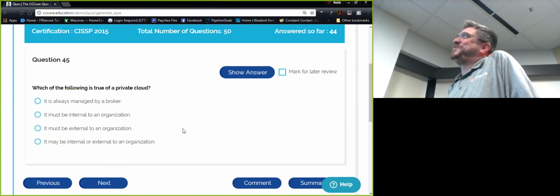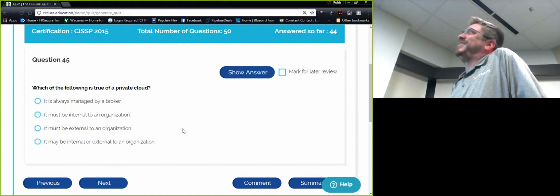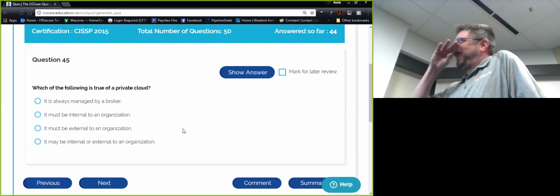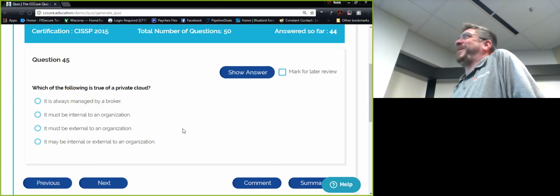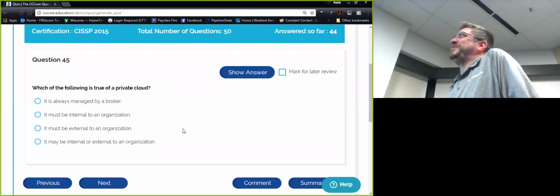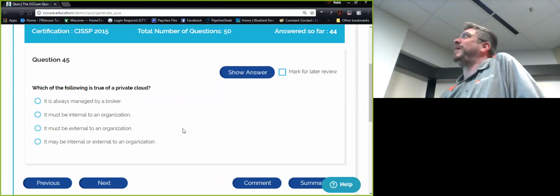Which of the following is true of a private cloud? It is always managed by a broker. Must be internal to an organization. That sounds better. Must be external to an organization, that's kind of the opposite of a private cloud.